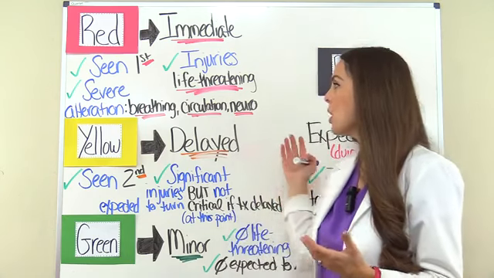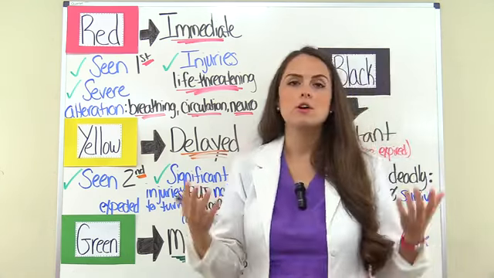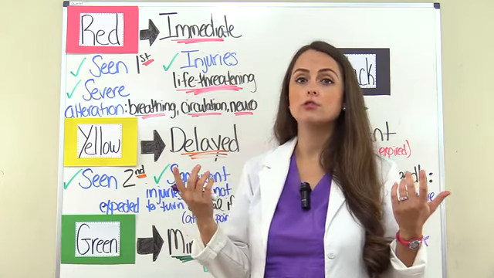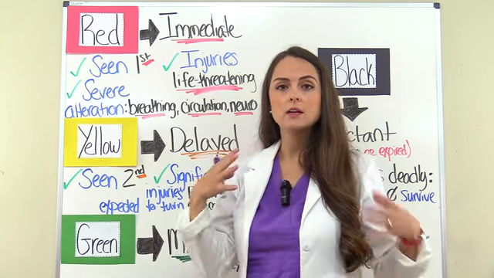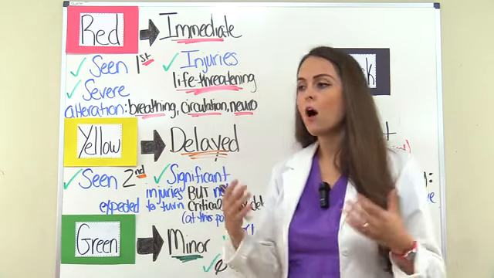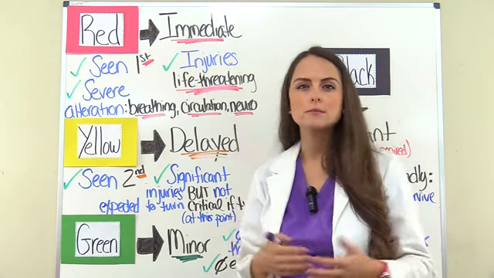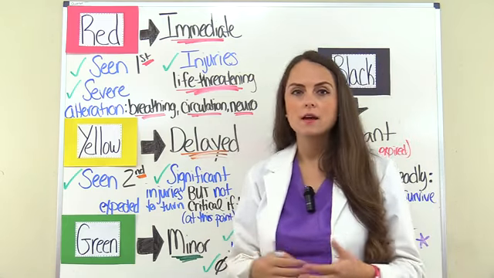Or patients who have significant burns on their body. This can alter their circulation for sure, along with their respiratory status, depending on where the burn is located. Also, any type of really severe respiratory trauma where you have collapsed lungs as well.